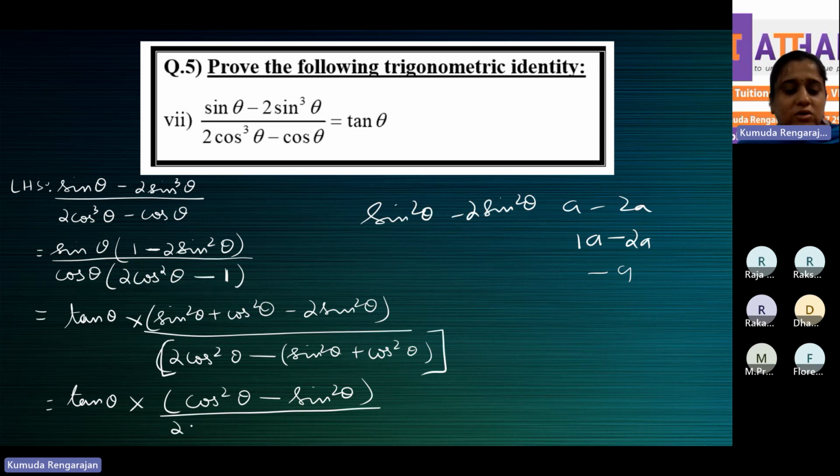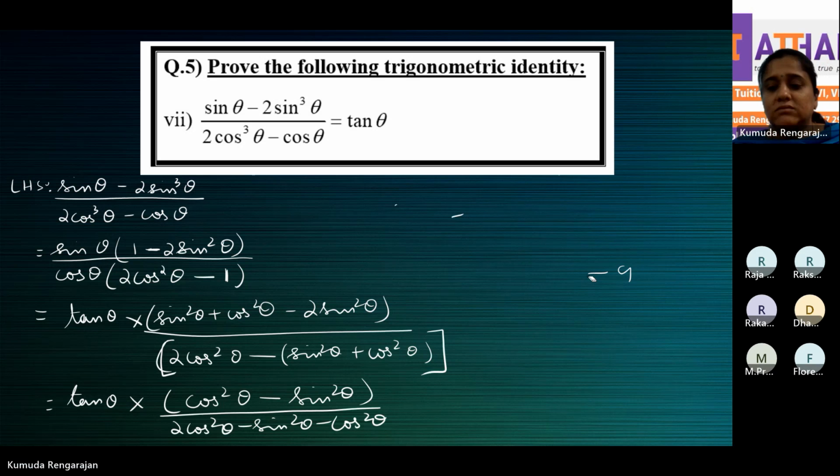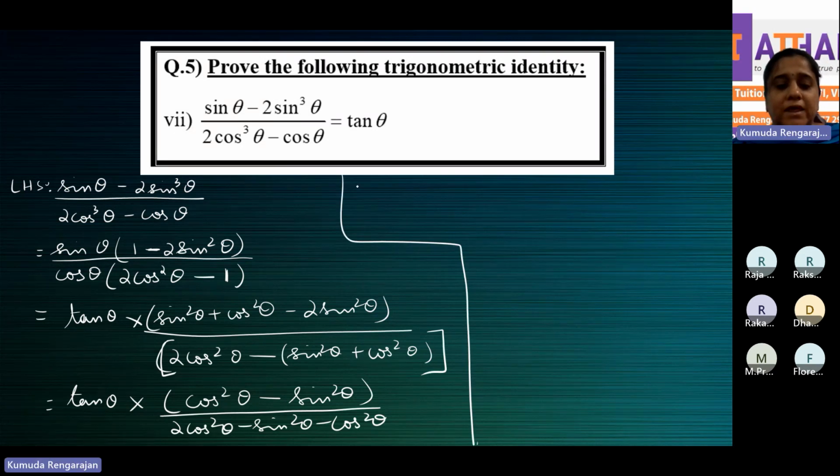2 cos square theta minus sin square theta minus cos square theta. Okay, so the numerator is done.